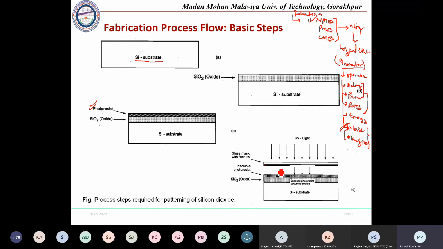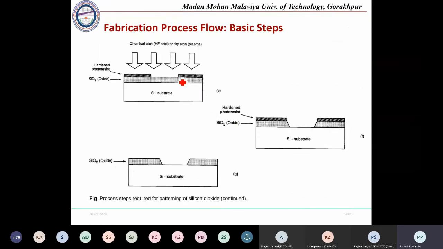Once we have provided them, the exposed photoresist becomes soluble. After it becomes soluble, we will remove it by chemical etching. There are different types: either we could use a chemical method or dry etching. With either method, we will remove the soluble photoresist material.